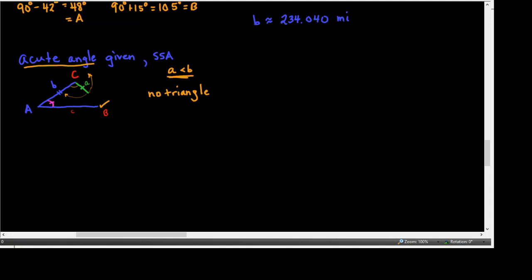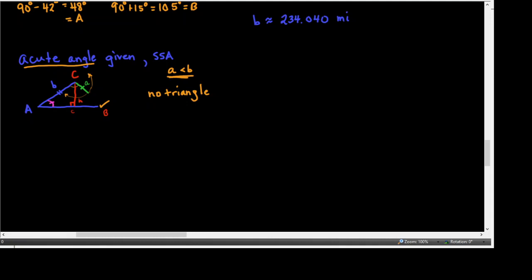And what do I mean by too short? Well, the closest that swing gets to side C, the very closest it can get is at a right angle. So what I'm going to do is draw in that altitude of the triangle.